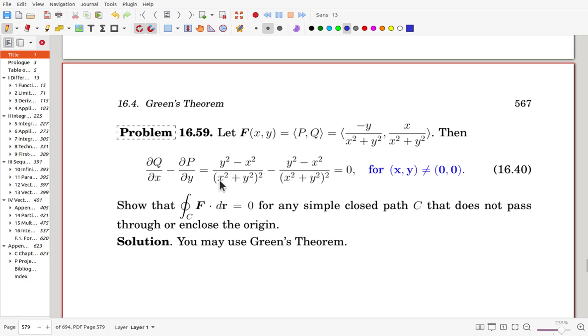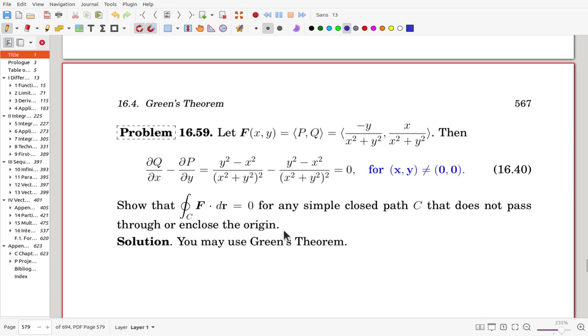Then, once x, y is not the origin, Q sub x minus P sub y can be computed in this way so that it is 0, which means that except the origin, this one is conservative, Q sub x equals P sub y, so that the integral is 0 for any simple closed path that does not pass through or enclose the origin.